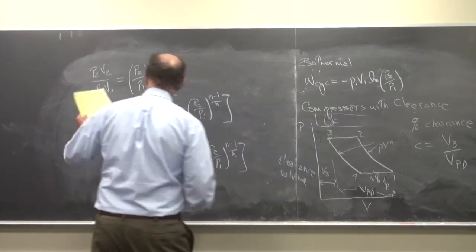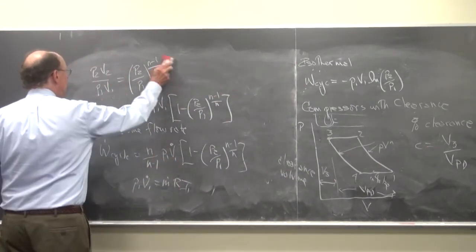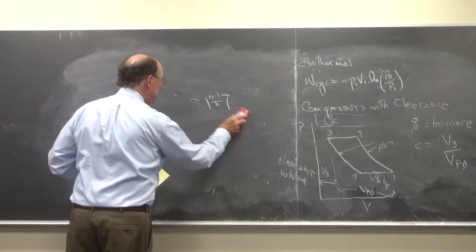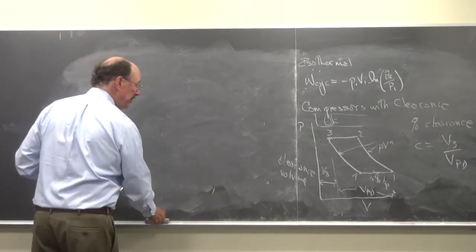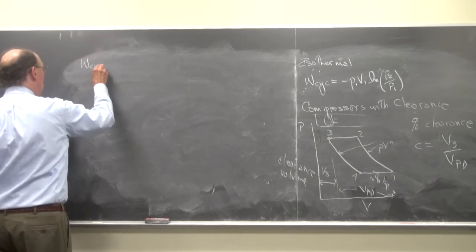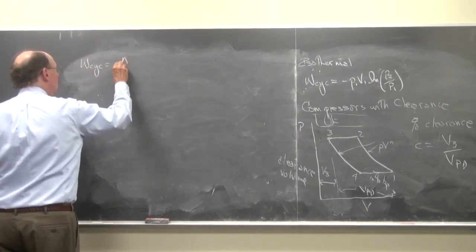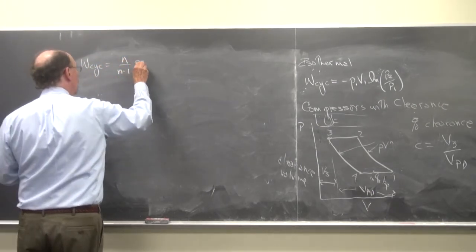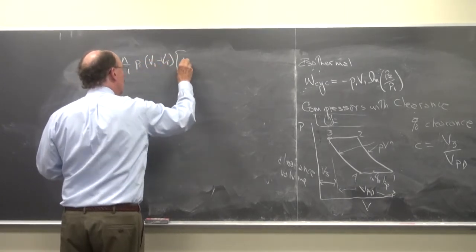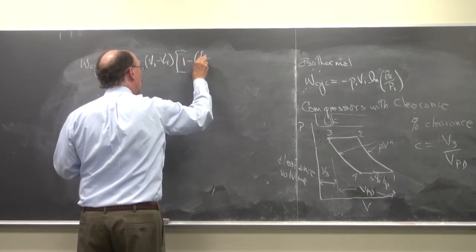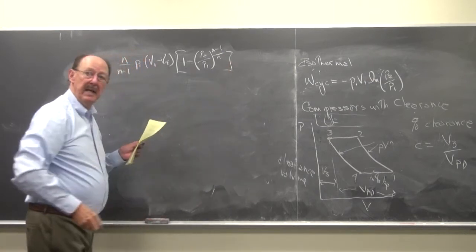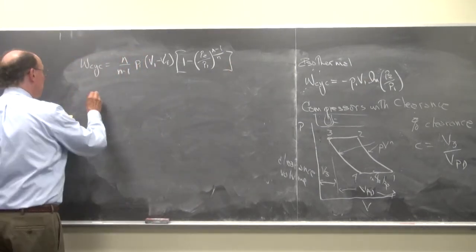So if I rewrite these equations based on the compressor with clearance, we're basically changing V1 to V1 minus V4. And then I can do the same thing for volume flow rate.